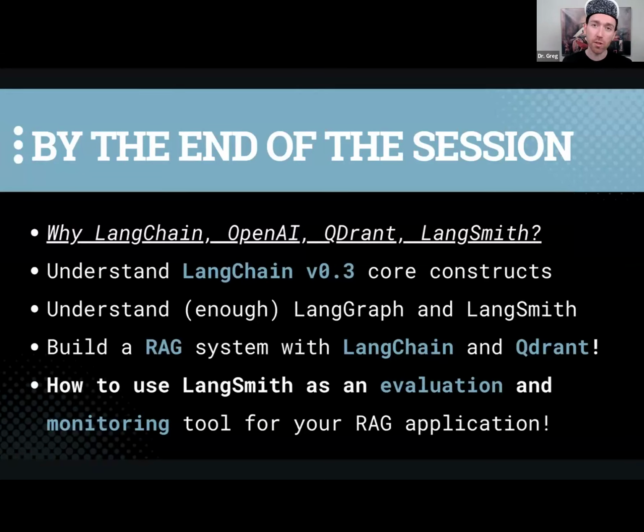We're going to talk enough about LangGraph and LangSmith today to give you a little taste and, importantly, to align you with the state of the art in best practice building of production grade RAG applications and prototypes off the shelf right now. We're going to build a number of RAG applications today. It's going to be a blast, and you're going to see a little bit about how to use LangSmith.